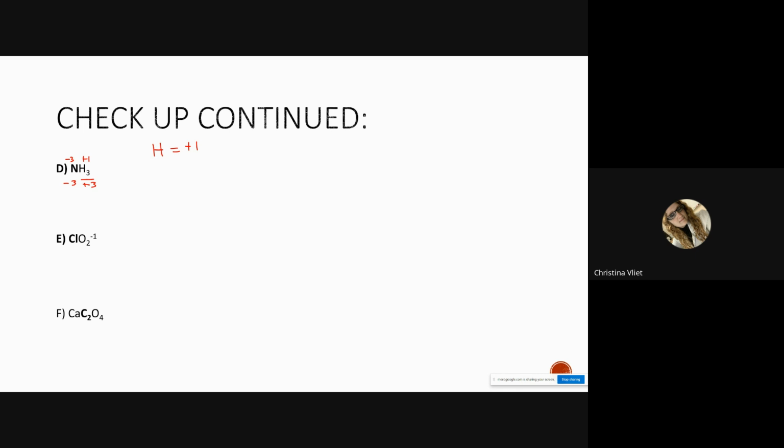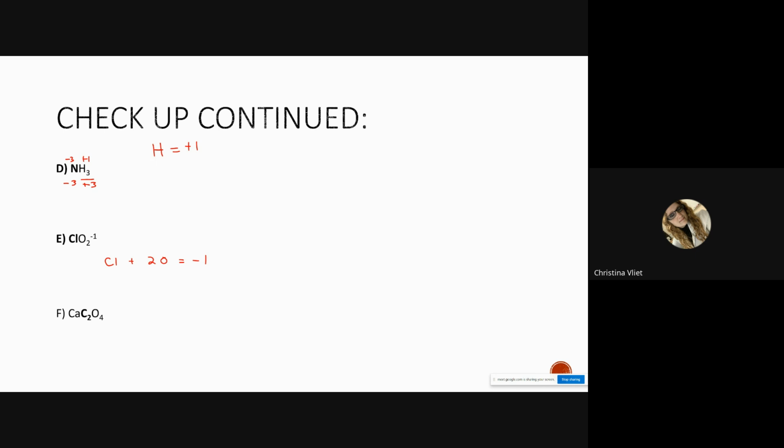All right, what about ClO2 minus 1? What would the oxidation number of chlorine be here? All right, ClO2 minus 1. What should we do? You can set it up like this, or you could set it up the quicker way.